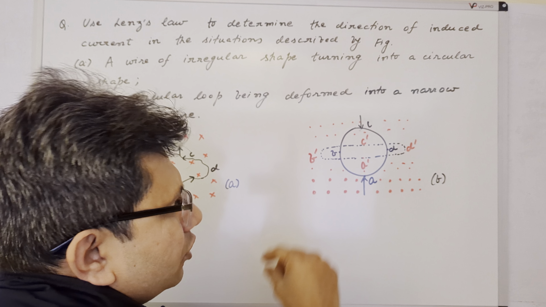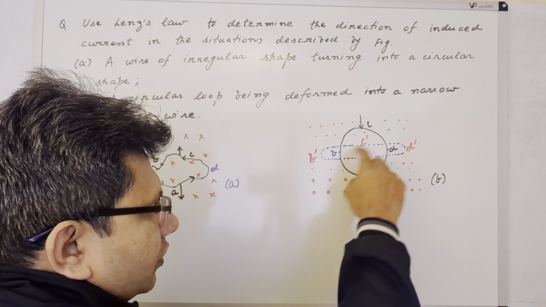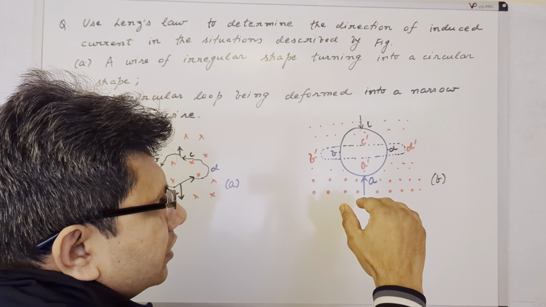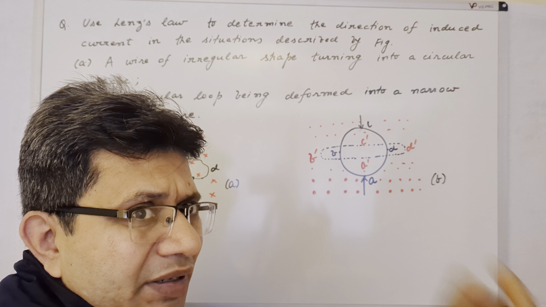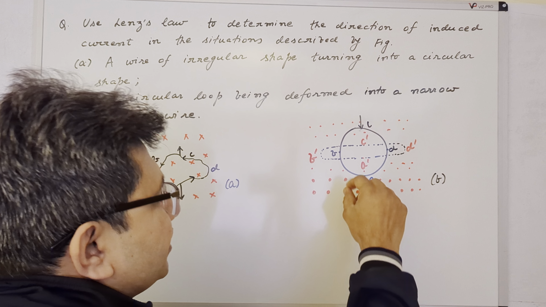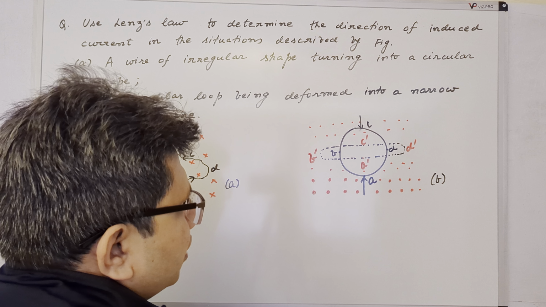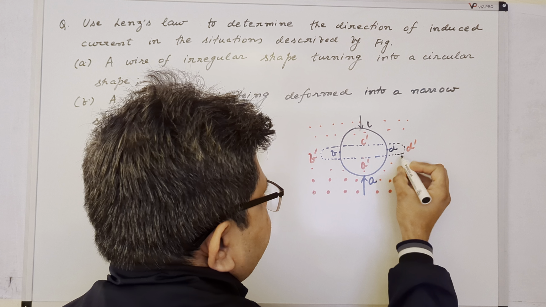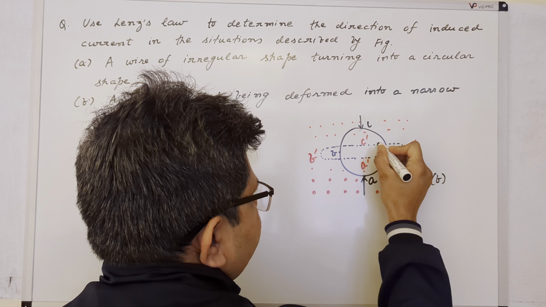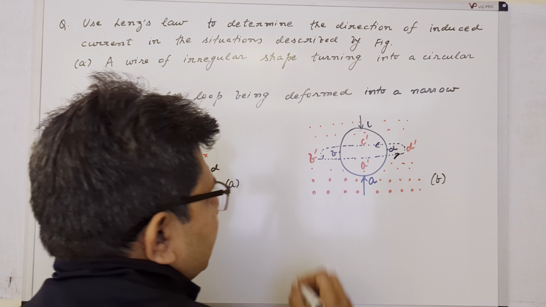So the direction of the induced current in such a wire should be such that it opposes this decrement in the field. So it means that the direction of the current should be in the anti-clockwise manner, like A dash, D dash, C dash, B dash.